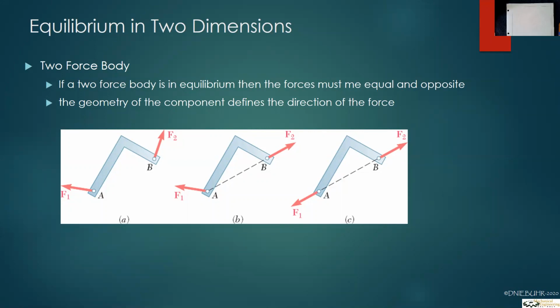And so the idea then is if you have a system in equilibrium and you have this type of structure, you will have a known direction for the force. So I want to explain that in a little more detail.